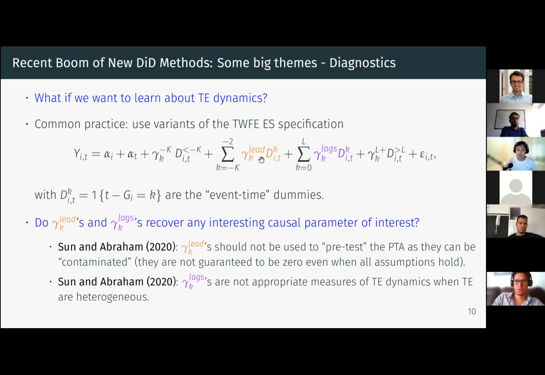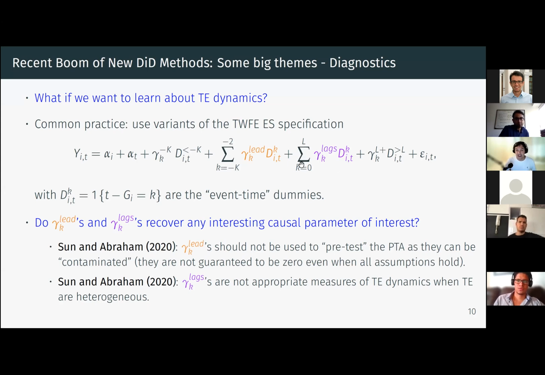And why is this problematic? Because the common practice of looking at these gamma leads and interpreting them as pre-trends is misleading. If I have dynamics, this can be non-zero even when my assumptions are satisfied.